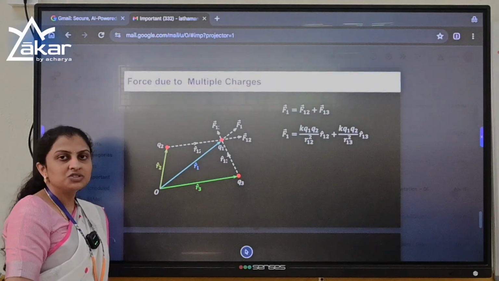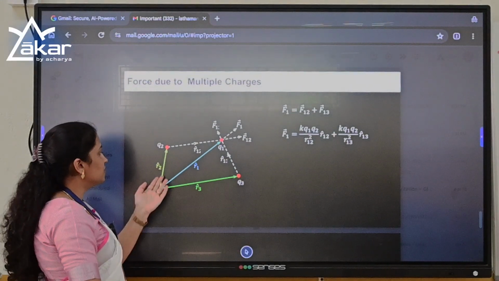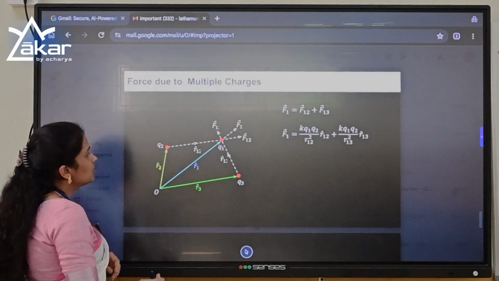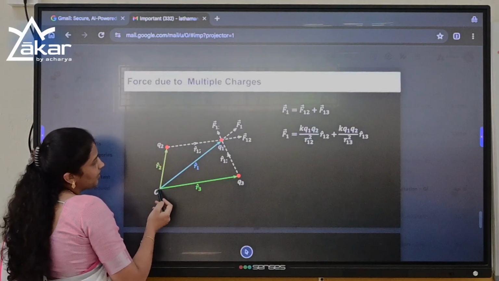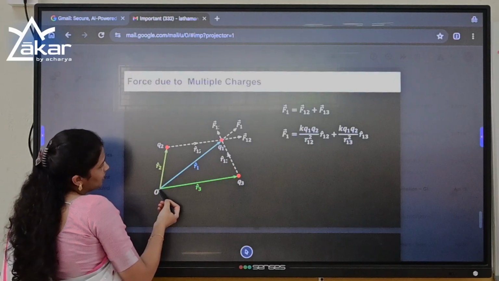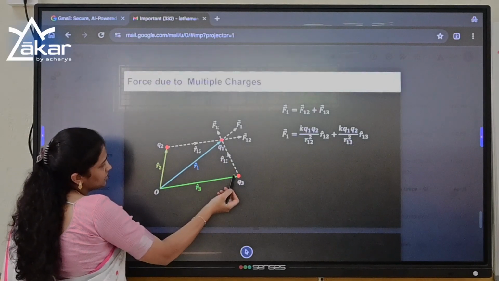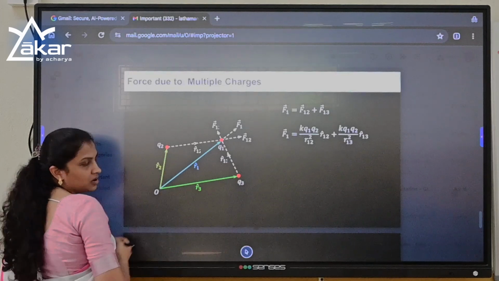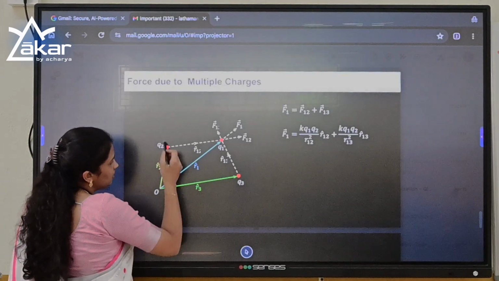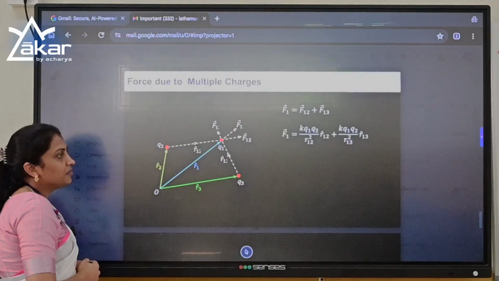So the next is force due to multiple charges. So here we have taken 3 charges. Then this is point O and it is attracting Q1, and also from point O towards Q2 and also Q3. So here we have taken the distances R1, R2 and R3.